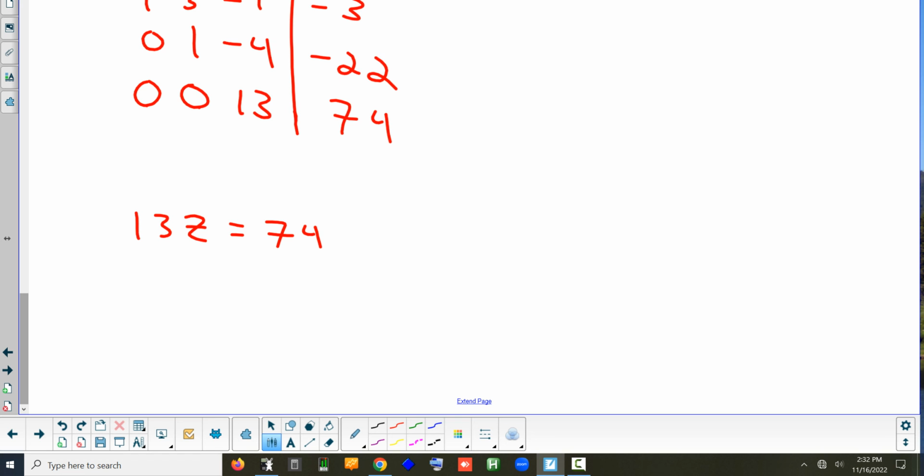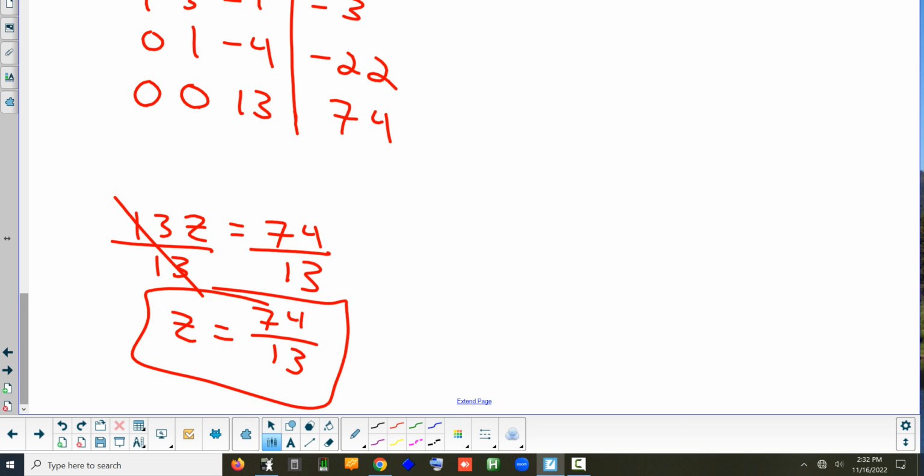And how would you solve for z? There you go. Z, I don't think it's a nice number this time. 74 over 13. It's not a nice number. So we're going to just leave it like that.